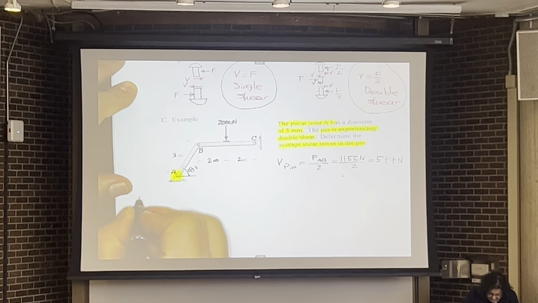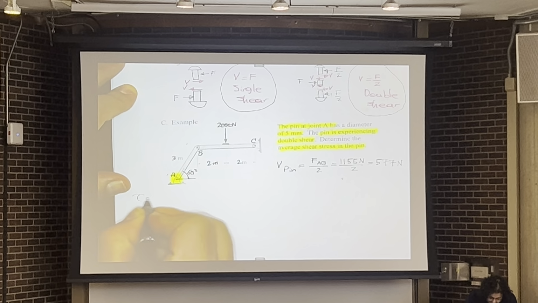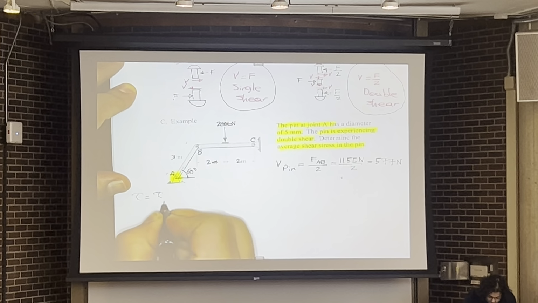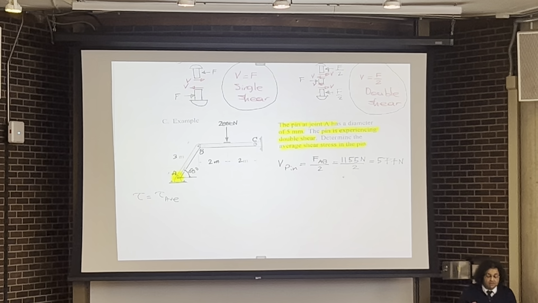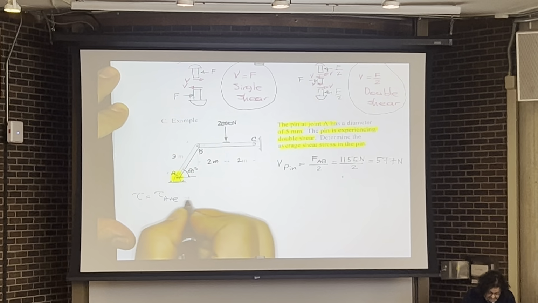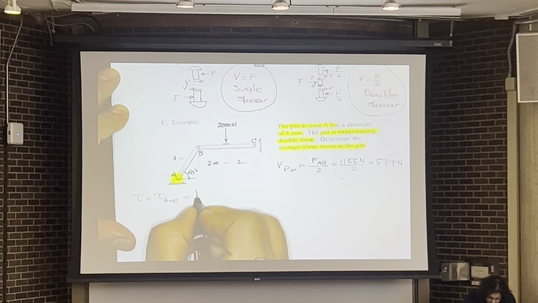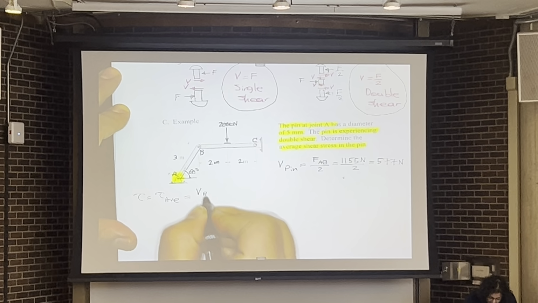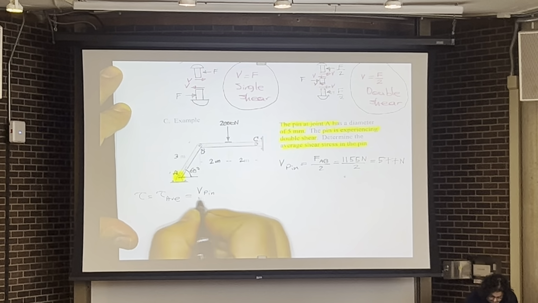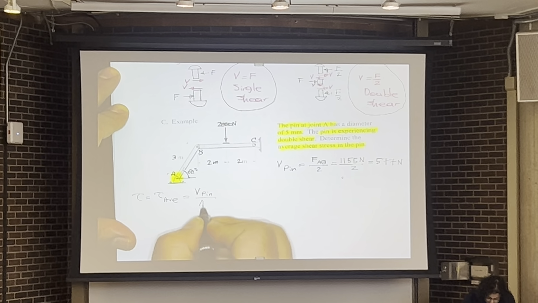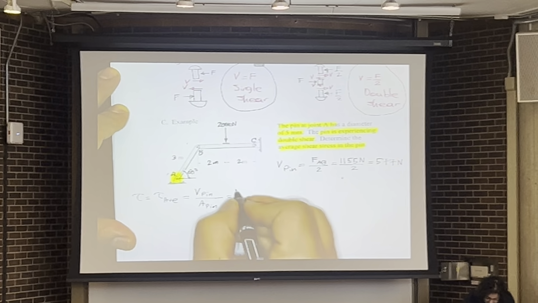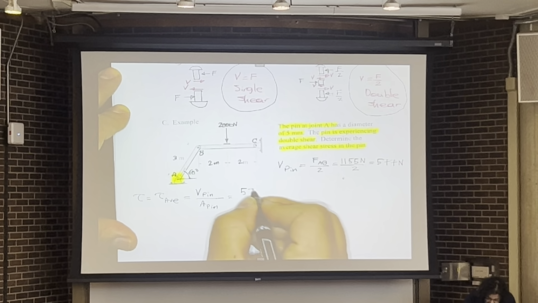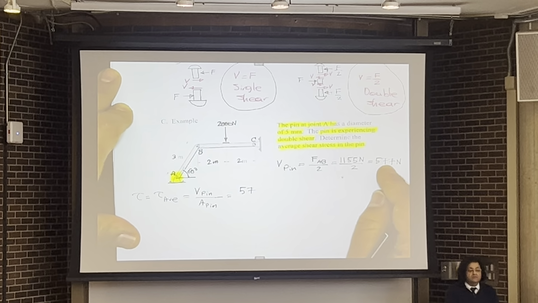And the shear stress is going to be equal to the average shear stress for pins, at least we can assume that. So we just need to divide the shear force inside the pin by the area of the pin. So it will be 577 Newton. Is this 577 correct? Would you please verify that?